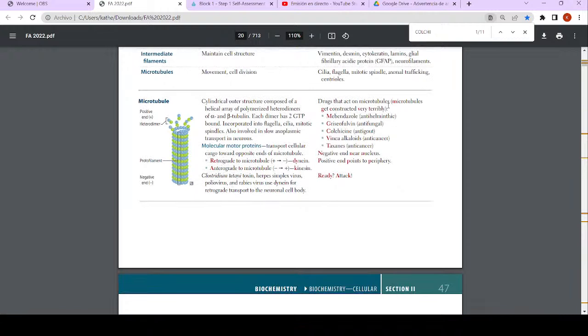Drugs that act on microtubules: mebendazole, griseofulvin, colchicine, vinca alkaloids, which are anti-cancer, taxanes, anti-cancer. Negative end near the nucleus, positive end toward the periphery. Retrograde dynein, anterograde kinesin.